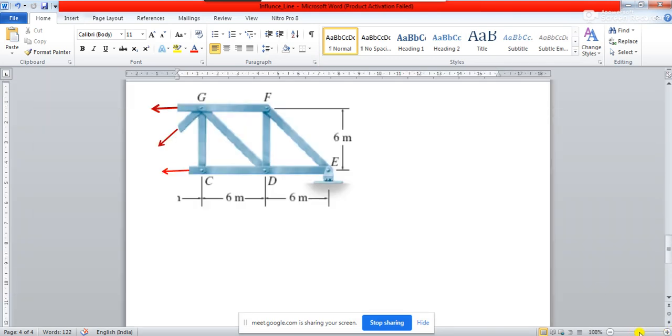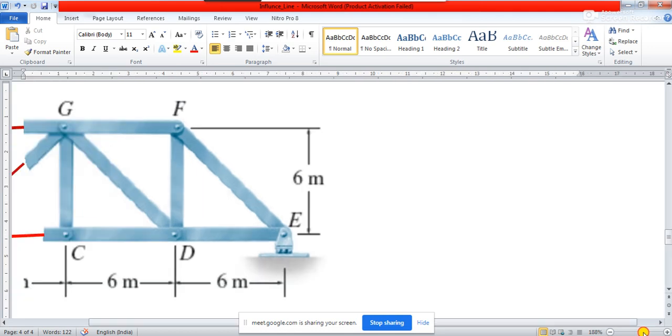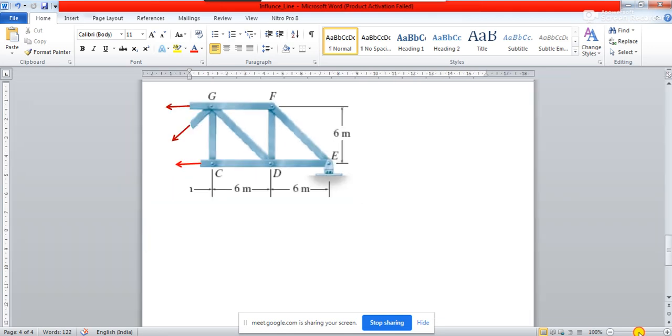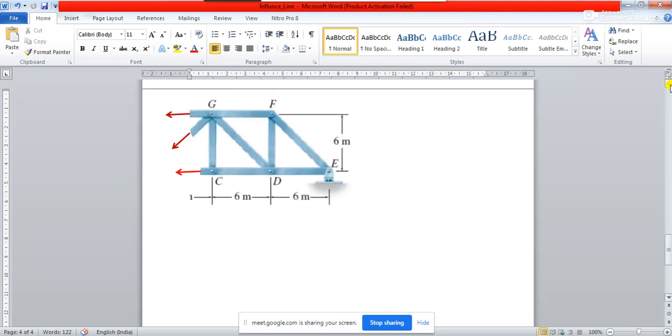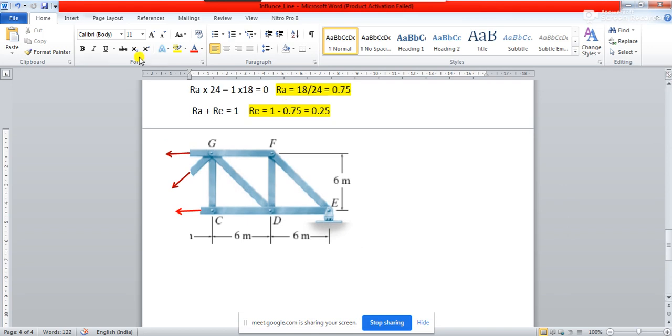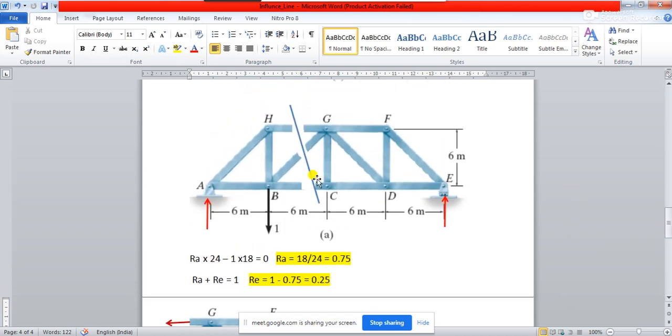Okay, so once we have put the member forces in the truss, what you'll have to do? See, you know now what will be this force, what is this member. You go at the above and you see what is this member. This is your GH, right? This is your GB and this is your BC or CB.